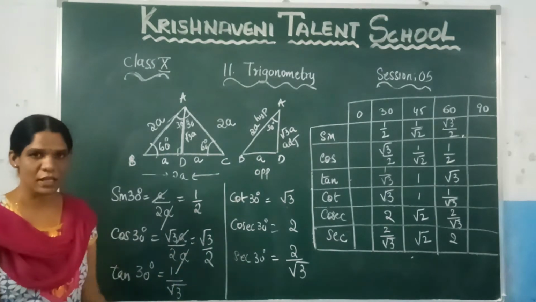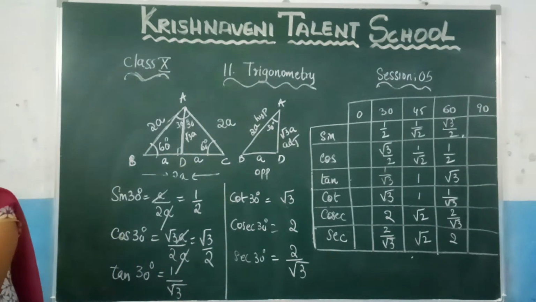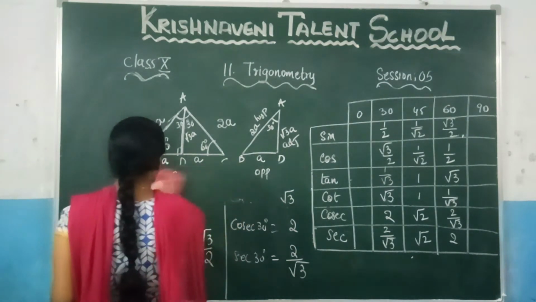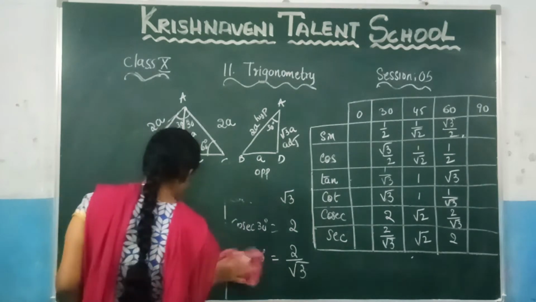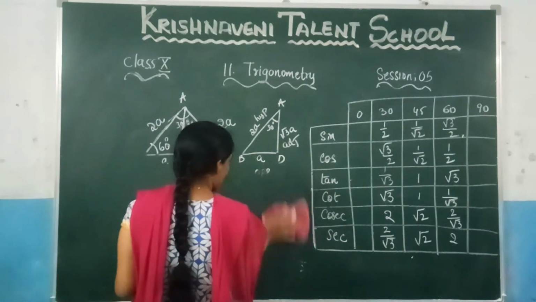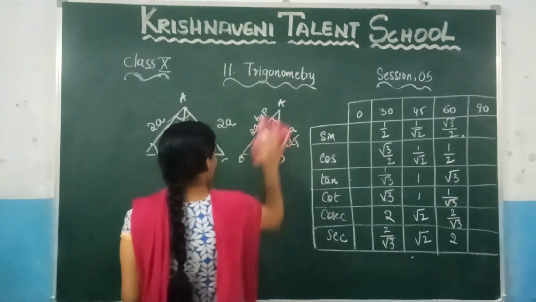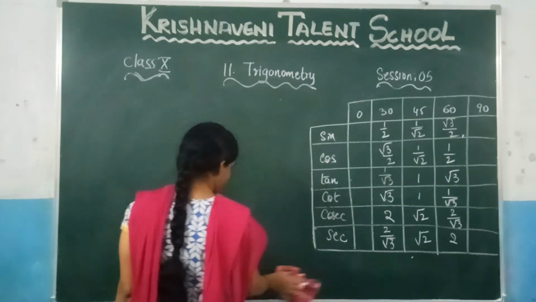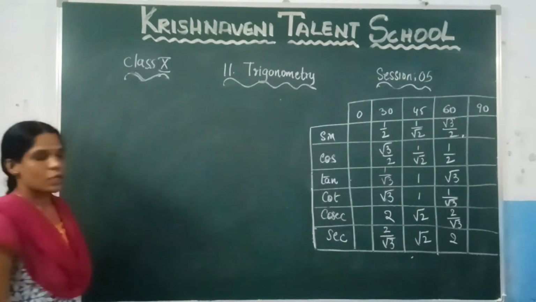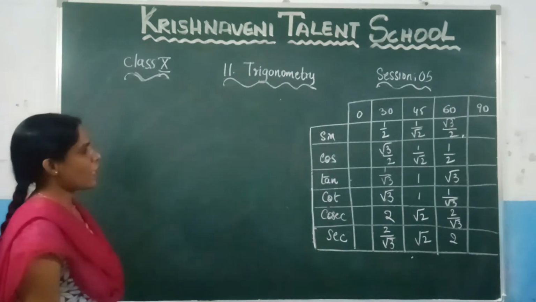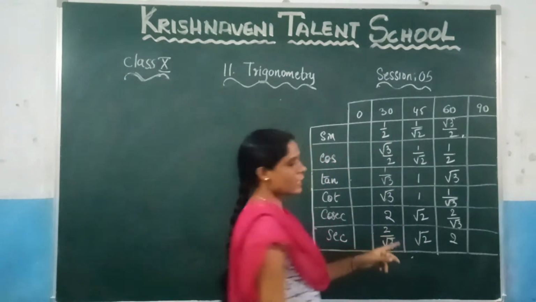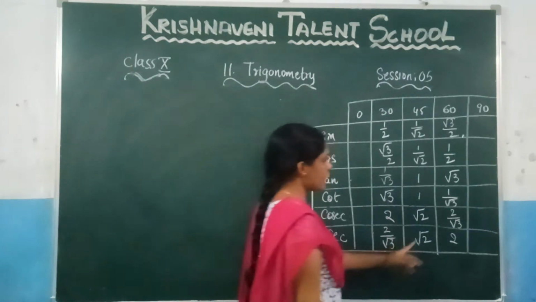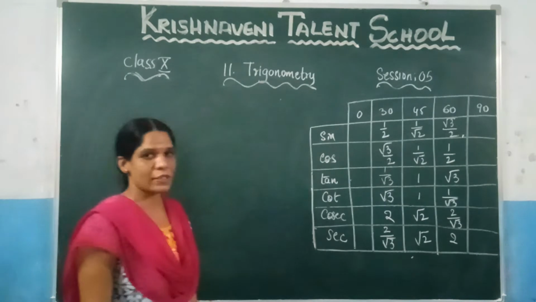Let us find the value of sin 0. So here we have calculated the value of sin 45 by taking the isosceles right angle triangle, and we have calculated the value of 30 degrees and 60 degrees by taking the equilateral triangle.